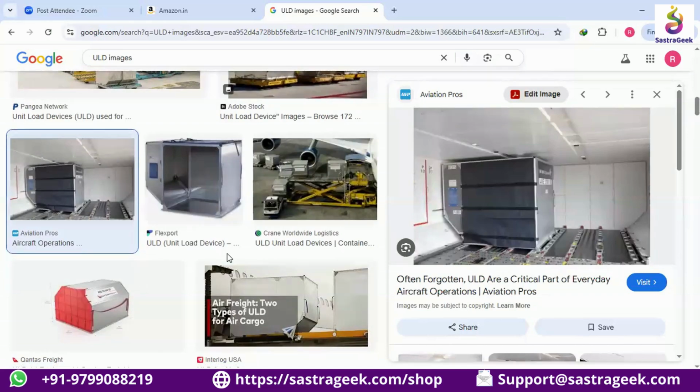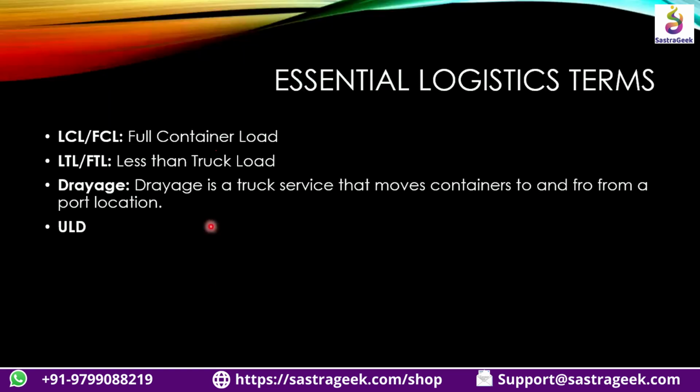In case you are transporting any goods via air, or work in the future with respect to air, you will only be working with ULD-based transportation, because that is something you should know. I'm just letting you know what terms you should know in case you're working in this field in future.